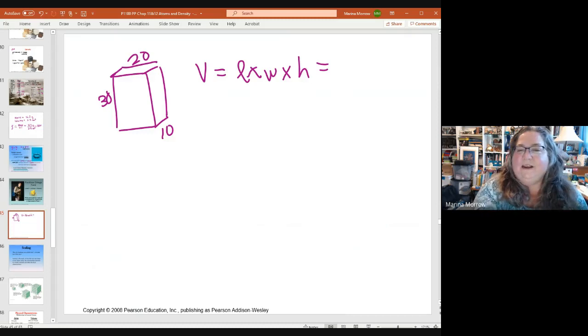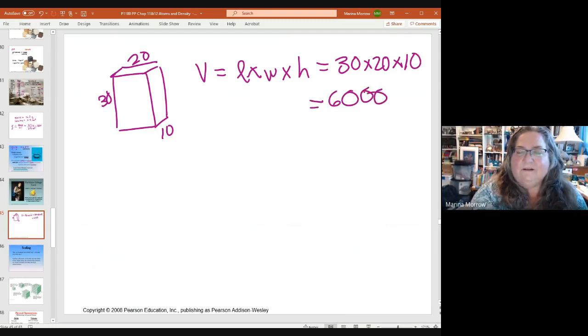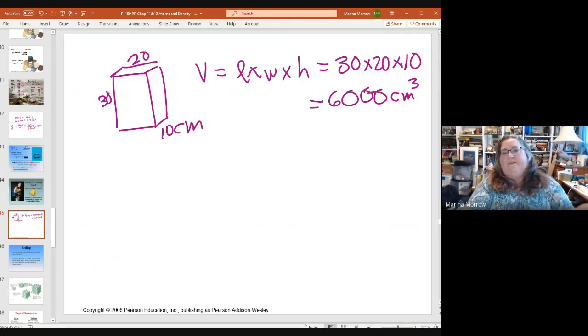So we get 30 times 20 times 10, and that's going to come out to 6,000. And that should come out in centimeters cubed, right? We're doing this in centimeters. Okay, we've got the volume.